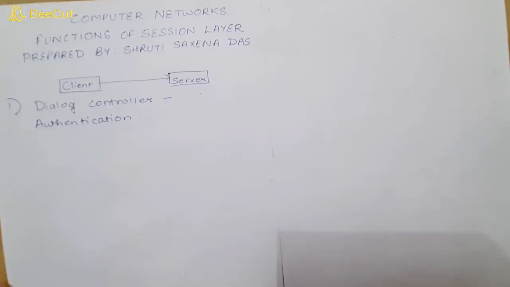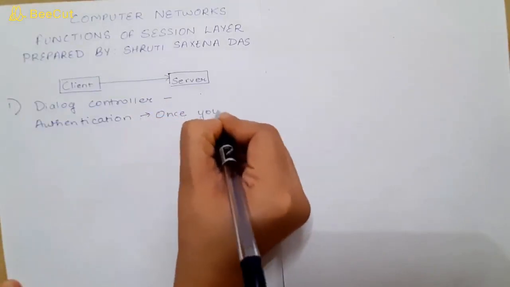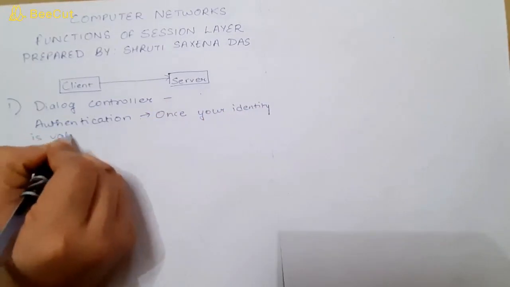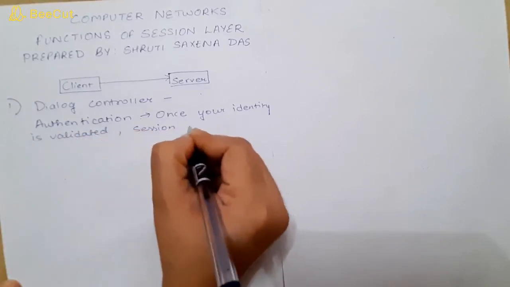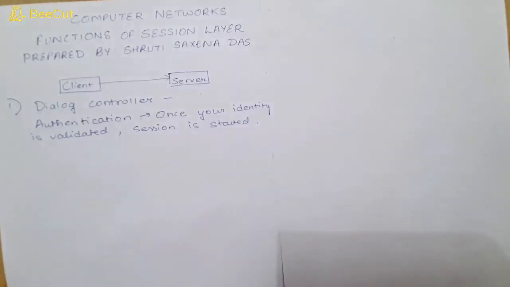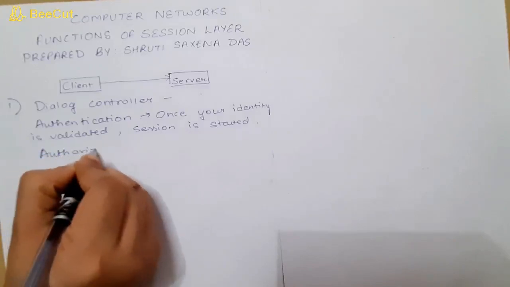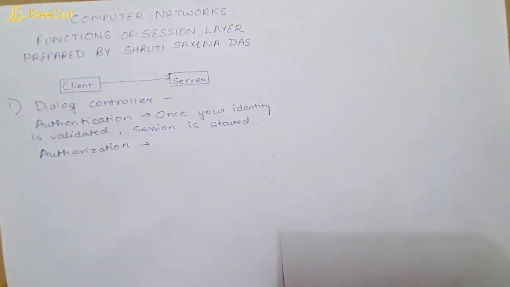Once your identity is validated after authentication, then the session can be started. Okay, and the second thing in this dialog control is authorization. Authorization means that after authentication also, if you are an authorized user, then only you will be able to access everything.